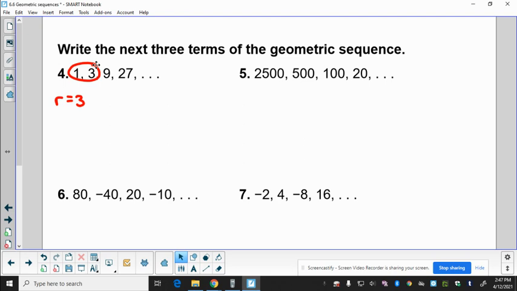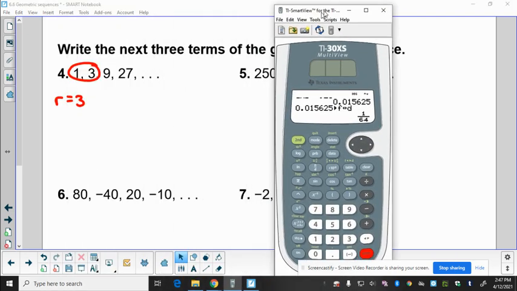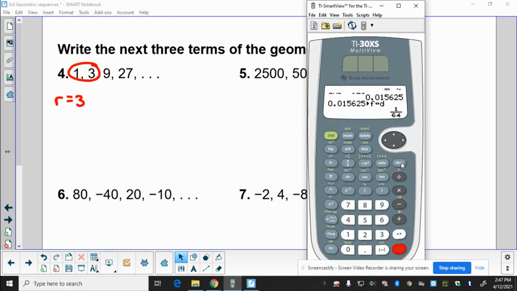I'm just going to leave them on my calculator. So I'm going to put a 1 in my sequence first. I'm going to multiply it by 3. There's the 3. There's a 9, 27. Okay, here comes the next three: 81, 243, and 729. Those are the answers to number 4, right there.